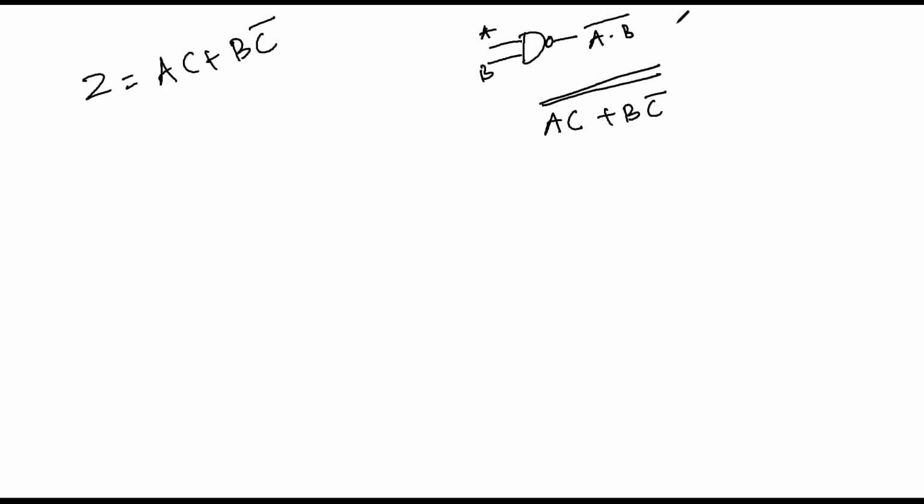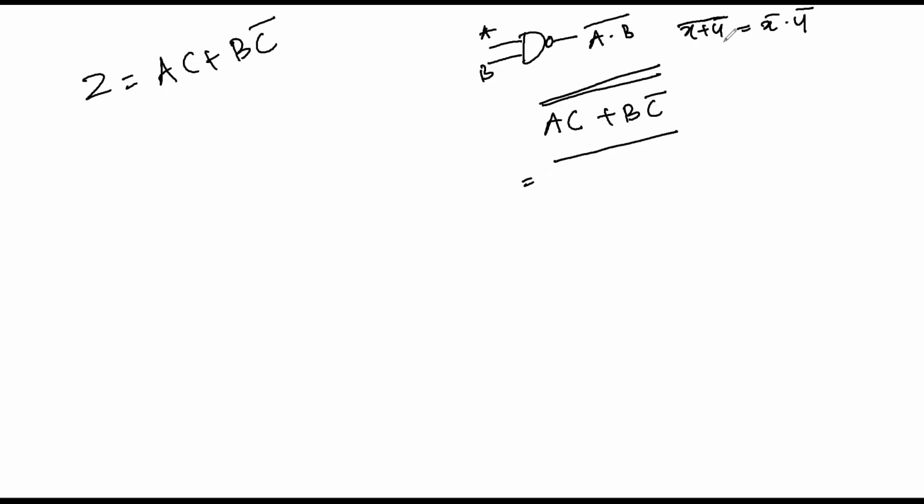Now from De Morgan's theorem, we know that x plus y bar is equal to x bar dot y bar. So I'm going to use the same here. I will take one bar and remove the rest. So that means I'll take the one bar as it is. And then I have AC plus BC bar.